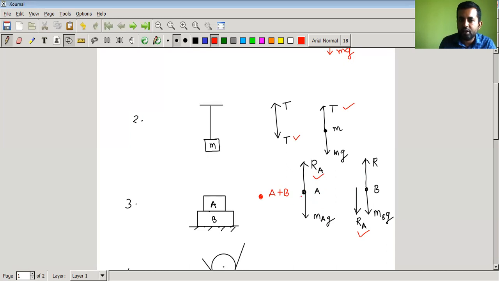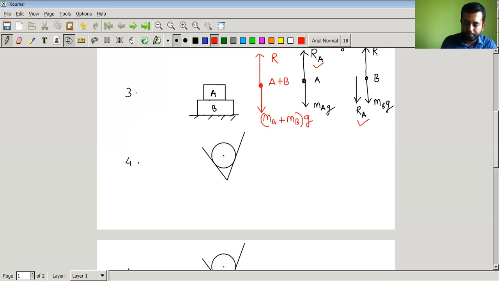So if A and B is our system, RA will get cancelled and we will be left with one support force from ground, R, and gravitational force, that will be MA plus MB times G. So this represents A as our system, this is B as our system, and this is A plus B as our system. Okay, these are the free body diagrams.